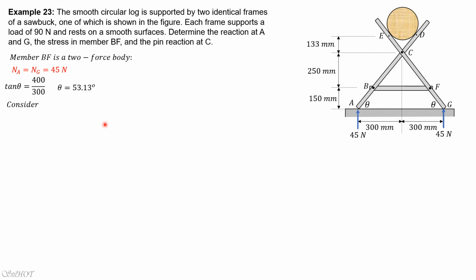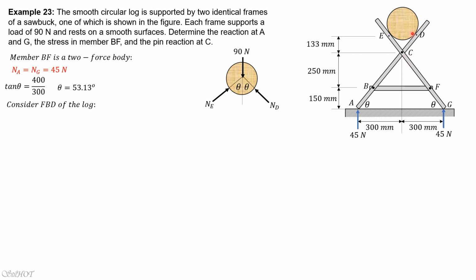Then let's draw the free body diagram of the log portion. We have contact points at D and E. They are equal in reactions. Then we have the weight, then the reactions at E and D, which form an angle theta with the vertical.